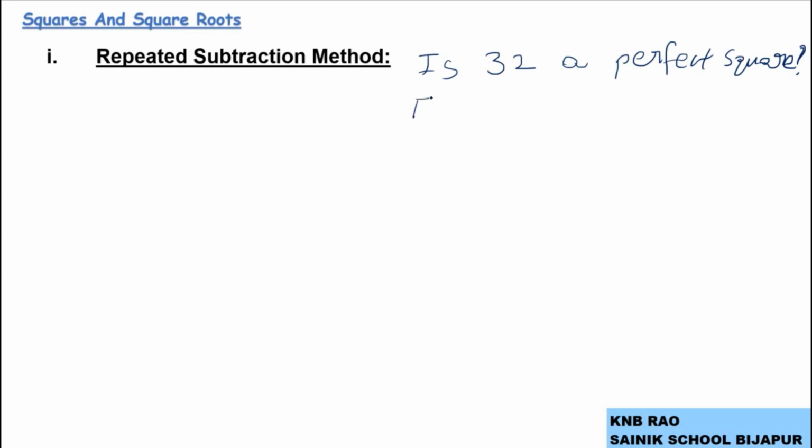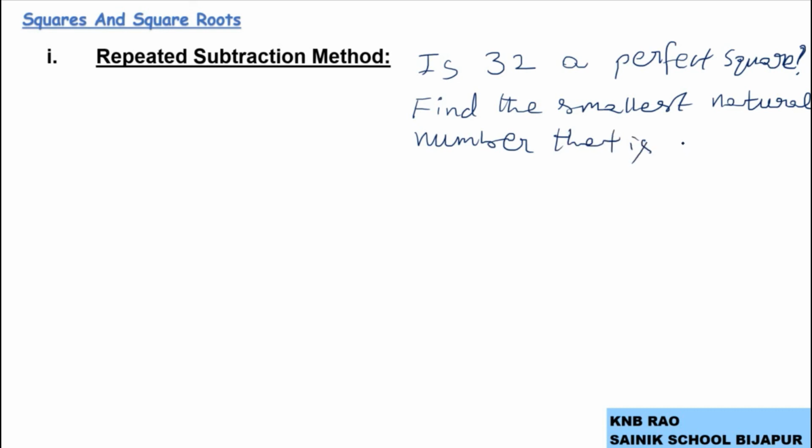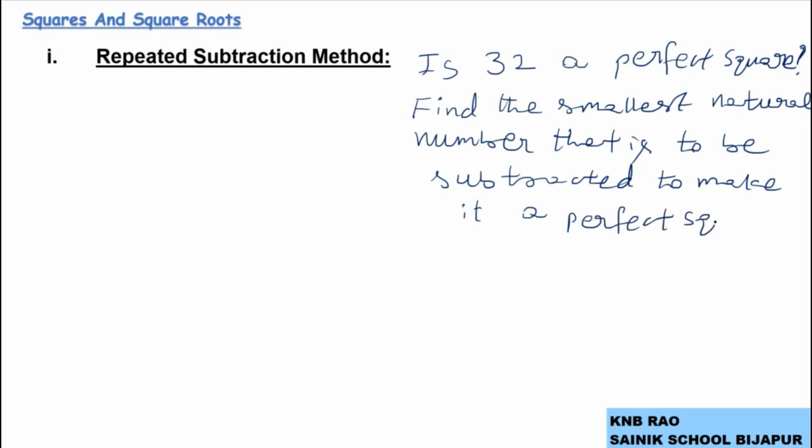Next, find the smallest natural number that is to be subtracted to make it a perfect square. So this is the question for you.